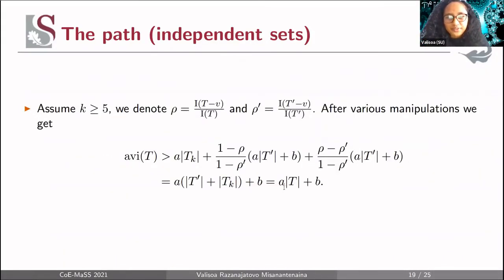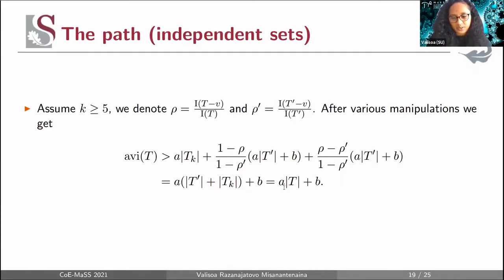If k is greater than or equal to 5, we can denote by rho the ratio I(T minus v) over I(T), and rho prime the ratio I(T prime minus v) over I(T prime). After various manipulations, we end up with the average size of independent sets of T greater than an plus b.